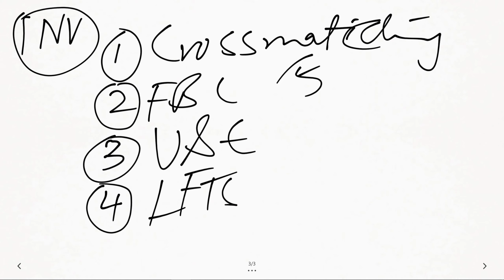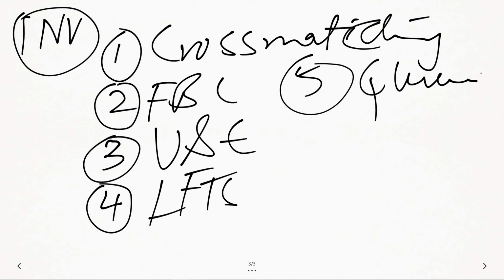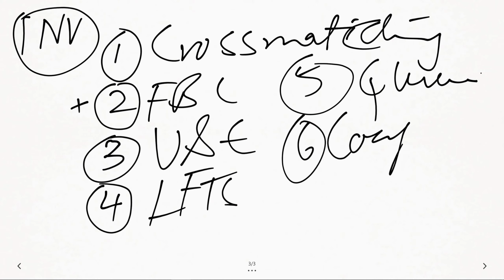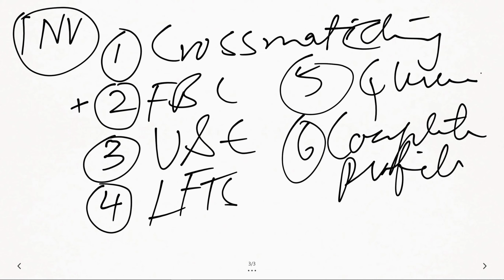You are going to do glucose or blood sugar. You are going to make a coagulation profile here. It's up to this actually, but let us put it here. Coagulation profile. Okay, you are going to do everything here. Okay, so what are you going to do next?